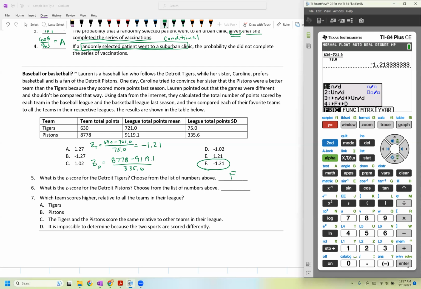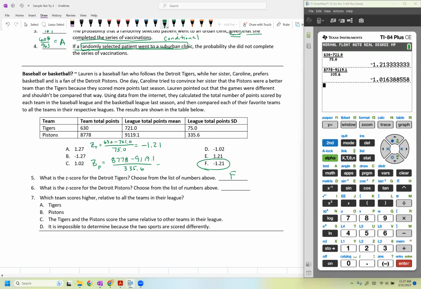So 7887 minus the mean, and then that's divided by 335.6, giving us the value negative 1.1. So by the way, because both of these are negative, it means both of them scored below average in terms of their leagues. Oh, I forgot to round up. That should be a 2.